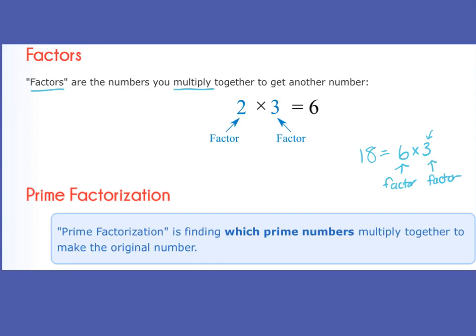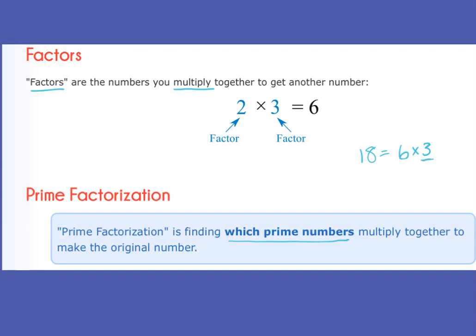So prime factorization is finding which prime numbers multiply together to make the original number. So even though I can get 6 times 3, I want to know what prime numbers get me that 18, so I can keep breaking it down. Once I have 6 and 3, I would keep breaking it down.